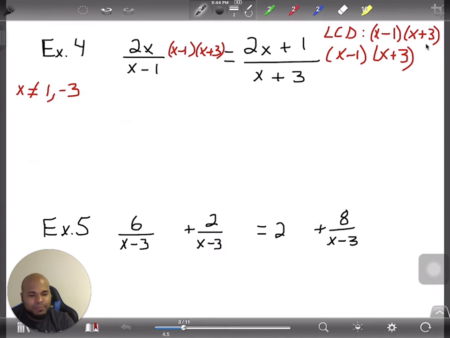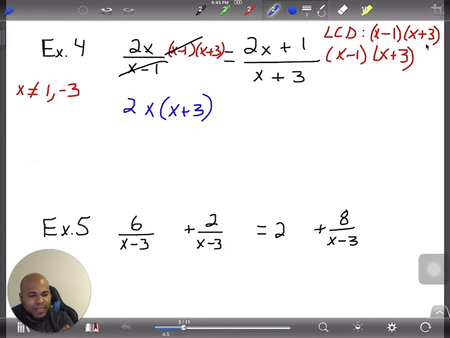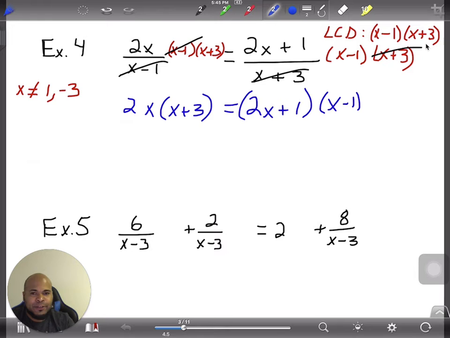So let's simplify and cancel. x minus 1 cancels with x minus 1, and I'm left with 2x times x plus 3 in the numerator. No more fractions anymore. The equal sign is there. And over here, I get to cancel x plus 3 with x plus 3, and I'm left with 2x plus 1 times x minus 1.